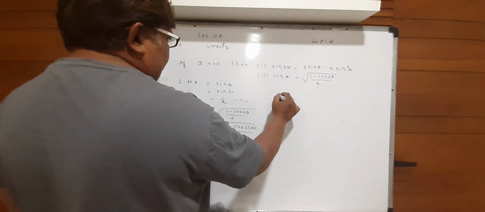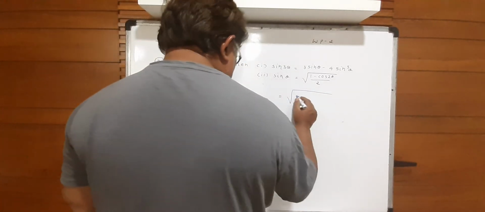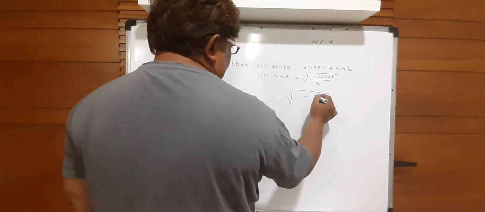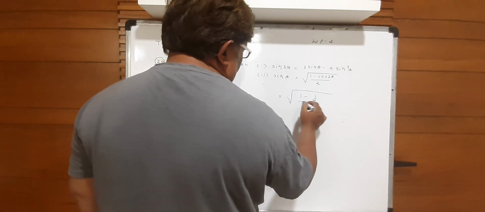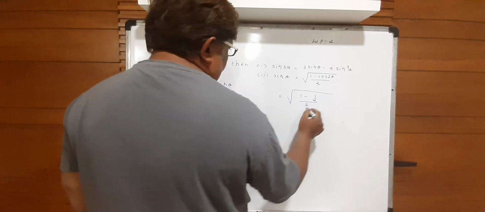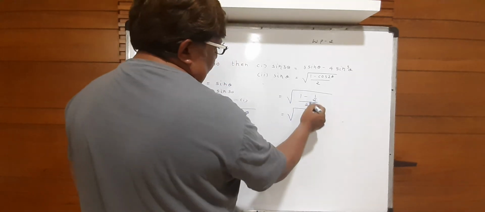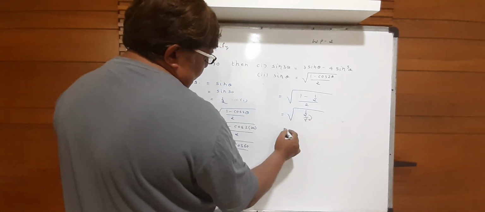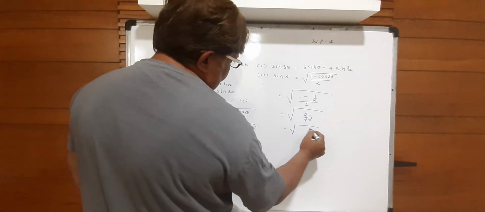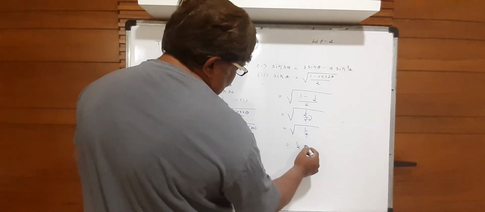Let me continue here. Under root 1 minus cos 60, that is 1 upon 2, upon 2. If you just take 1 minus half means half upon 2. Here 2 as per rule will multiply with denominator. Take the square root 1 upon 2.